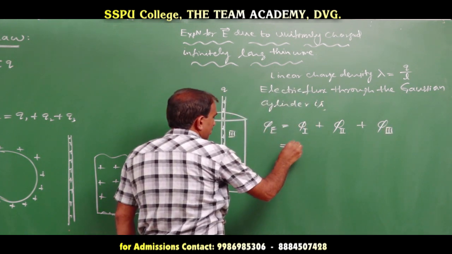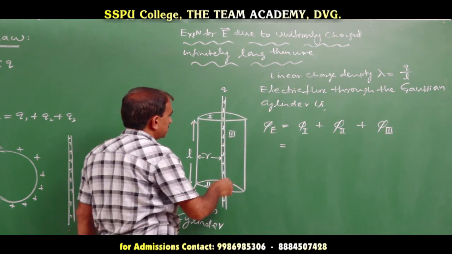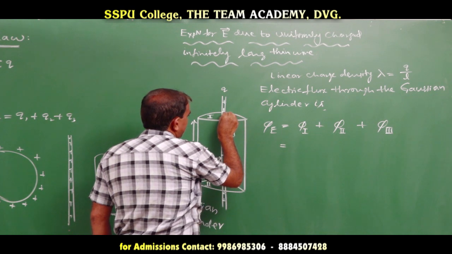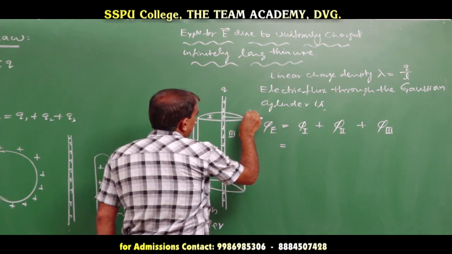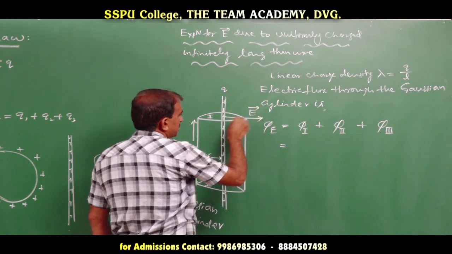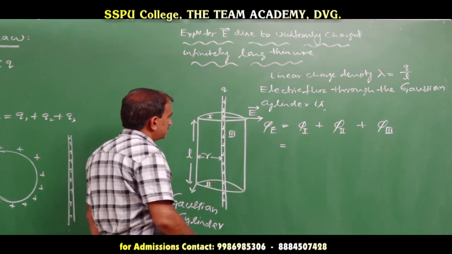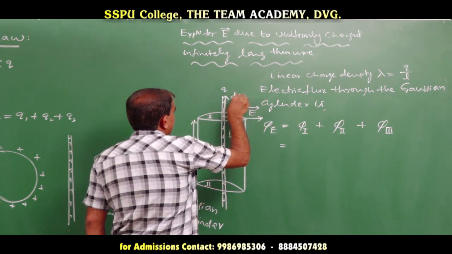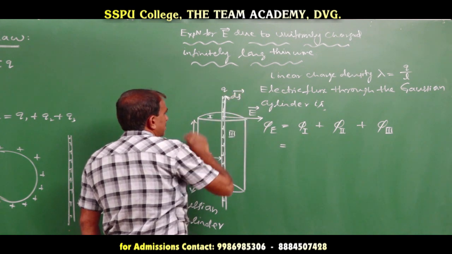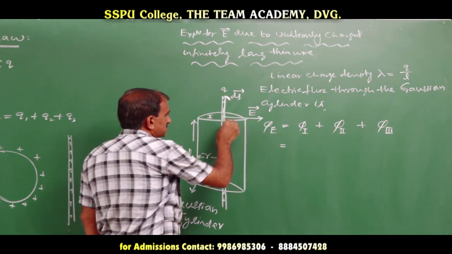See the electric flux through end cap 1. These are the positive charges distributed on the surface of the conductor, and hence the electric intensity is away from the positive charge. The area vector is in this direction. This is area vector ds, and this is the electric intensity.